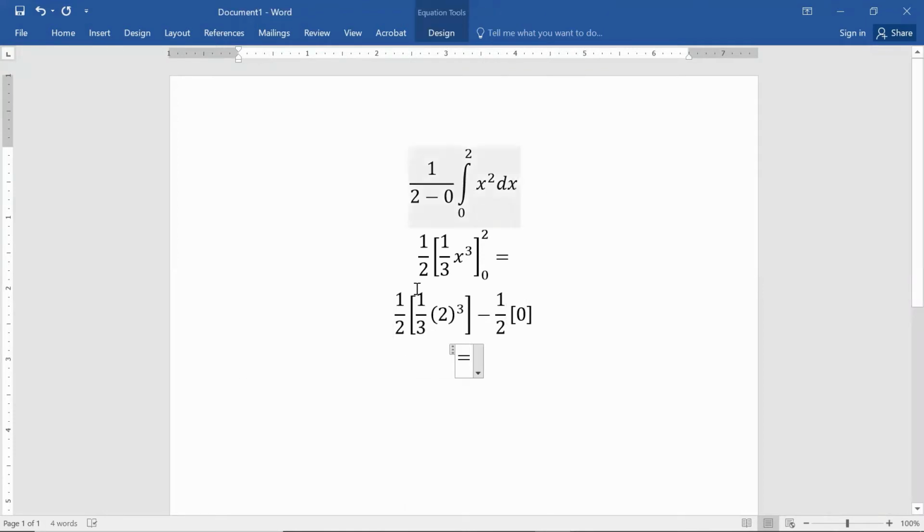Calculating all of this, 1/2 times 1/3 times 2 to the third power, that would give me 1.33, or just 4/3. That means the average value of x squared between x equals 0 and x equals 2 should be 4/3. Let's think about what that means visually.